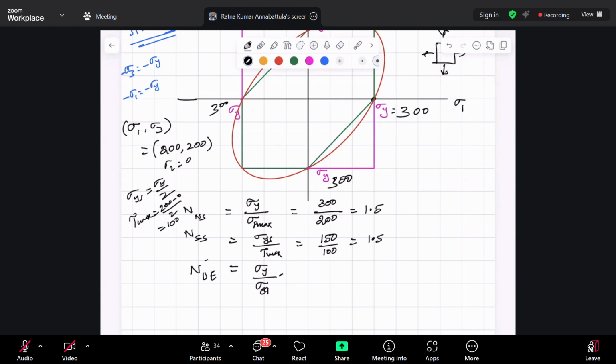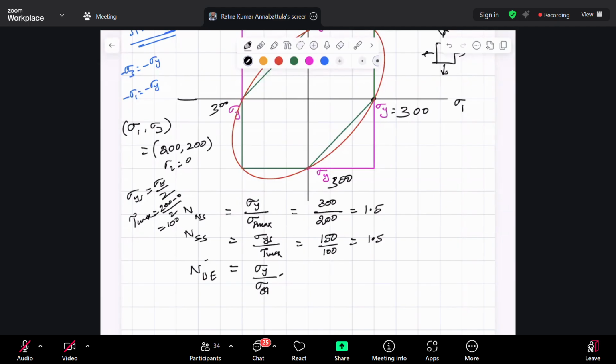That is the square root of 200 square plus 100 square minus 20,000. That comes to 173.2.